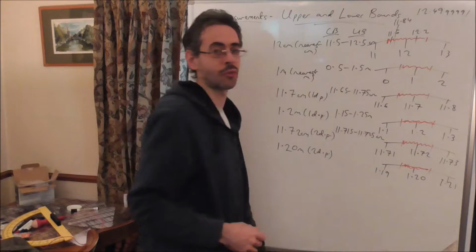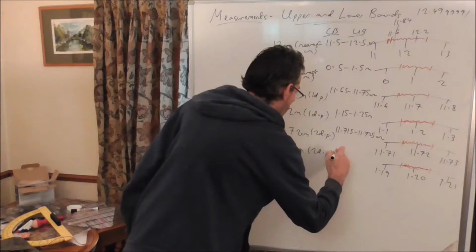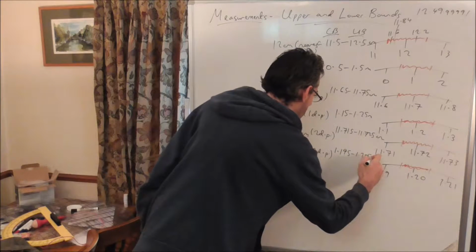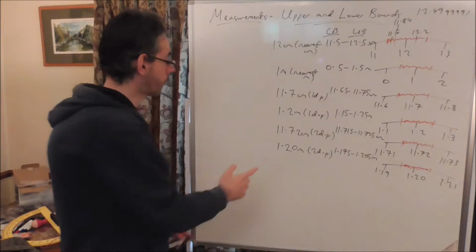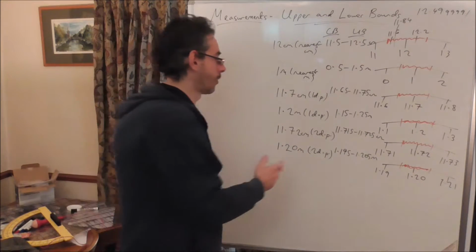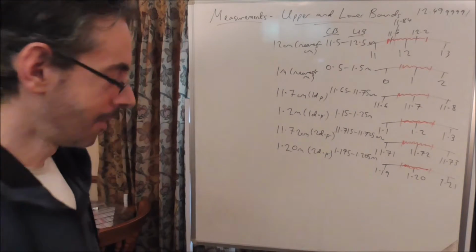Well, it's 1.195, and the upper bound is 1.205. 1.195 to 1.205 metres. So a very common error here is to think that the upper bound is 1.25, but it's actually 1.205. So you've just got to be a bit careful if it ends in a 0.